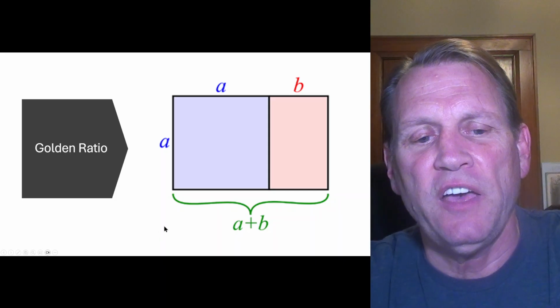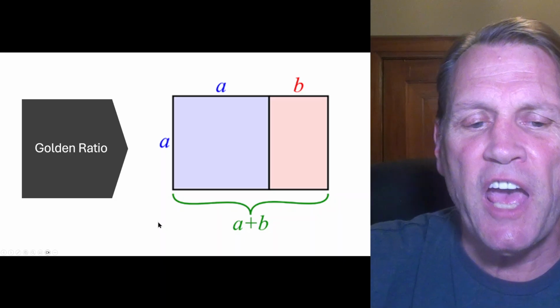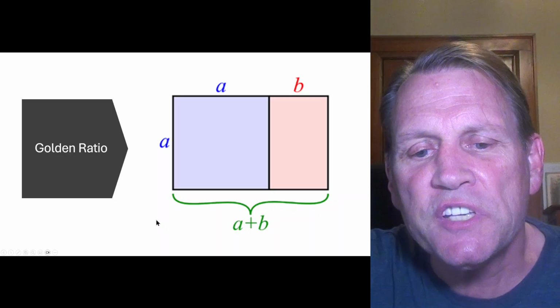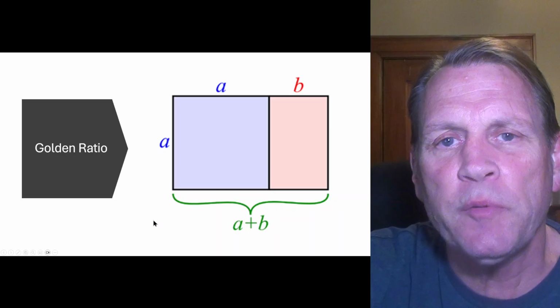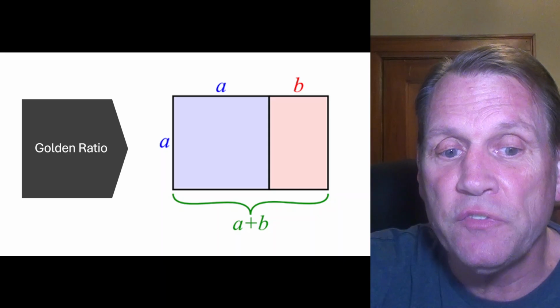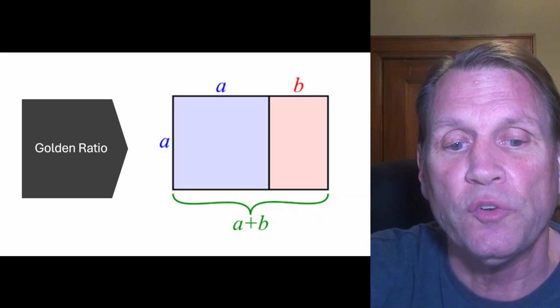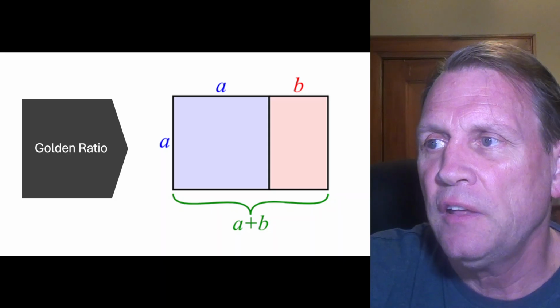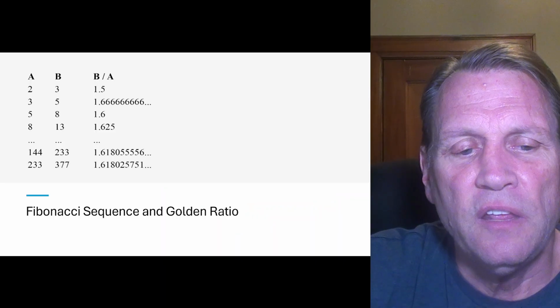And then lo and behold, as it happens, when we take any 2 successive Fibonacci numbers, one after the other, their ratio is very close to the golden ratio. Again, let me restate that.